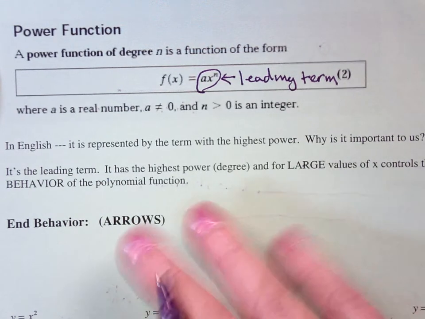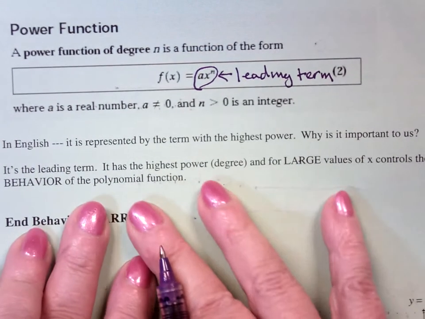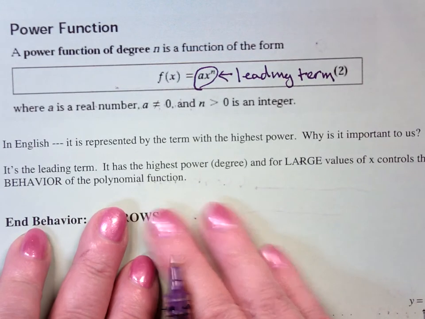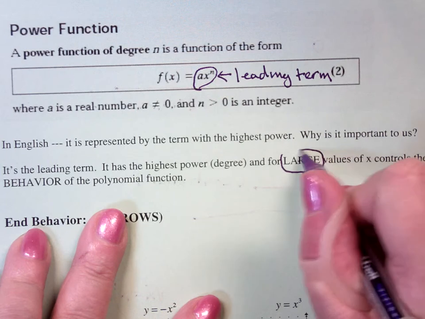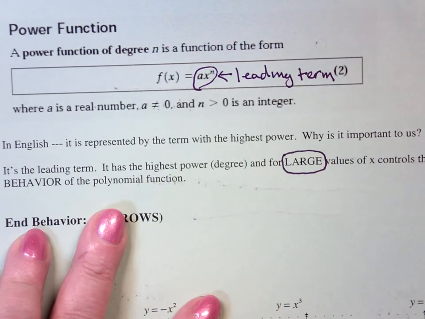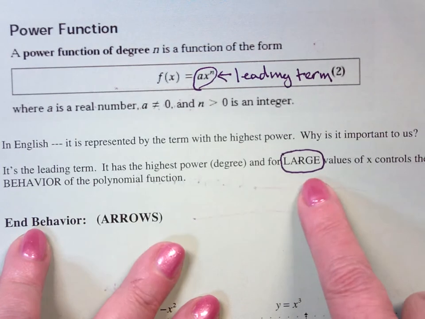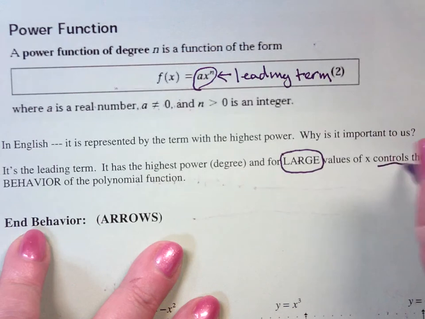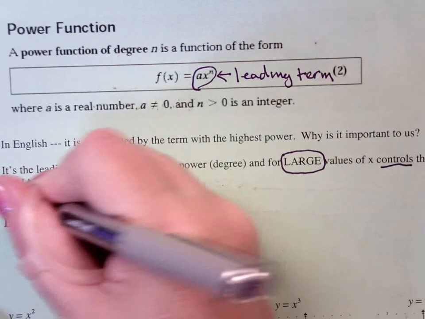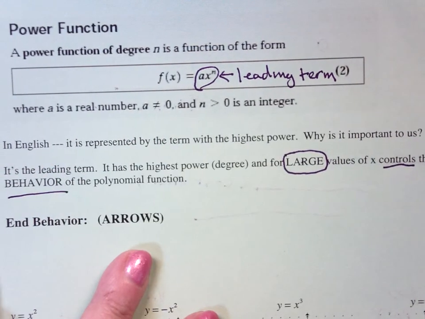And why is it important to us? Well, it's the leading term. It's the highest power, and this is where we're on the edge of calculus right here. I'm now doing some hand waving, as it's called, because we don't have the calculus terms. For large values of x, it controls the end behavior of the polynomial.